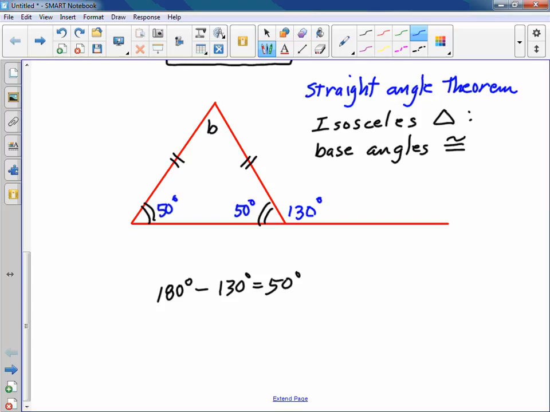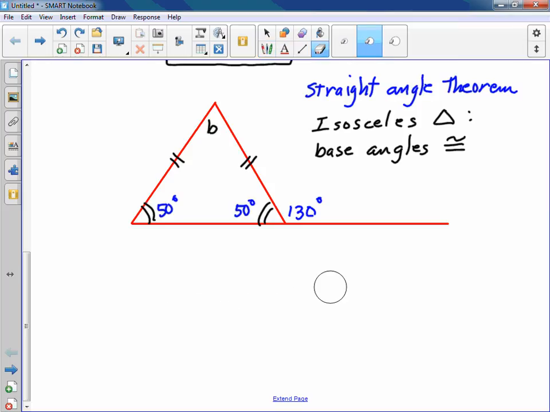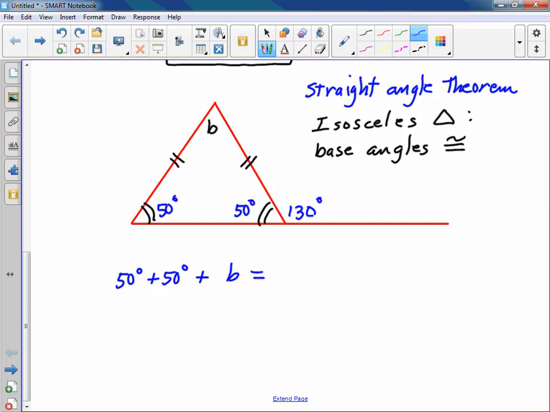That one's 50 degrees. Now we can use our triangle sum theorem to find the measure of this missing angle up here. Once again, just like we did earlier, 50 degrees plus 50 degrees plus b equals, you guessed it, 180 degrees.